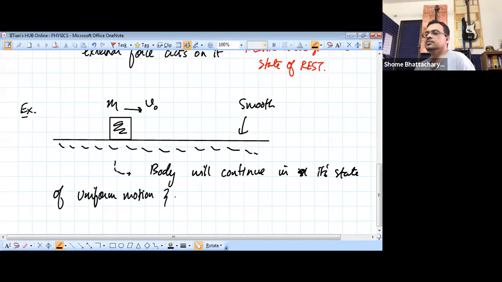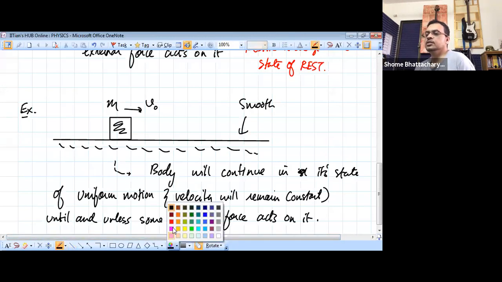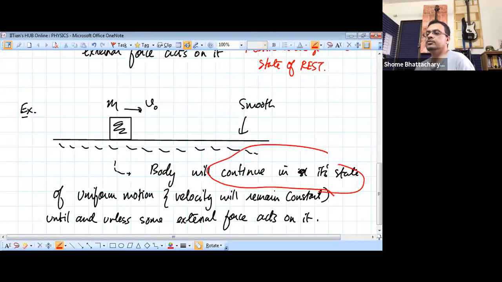In other words, its velocity will remain constant until and unless again some external force acts on it. So that again is the property of inertia. It has a tendency to continue in its state of uniform motion.